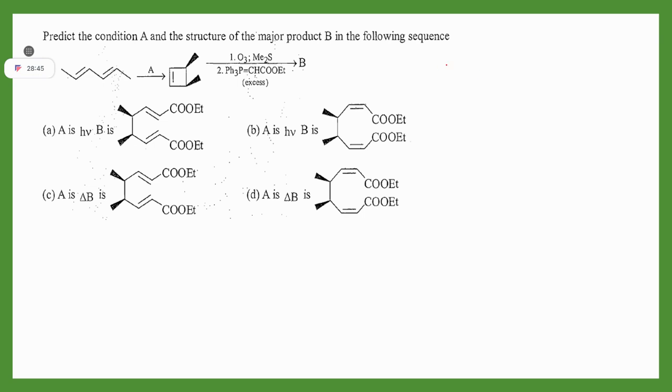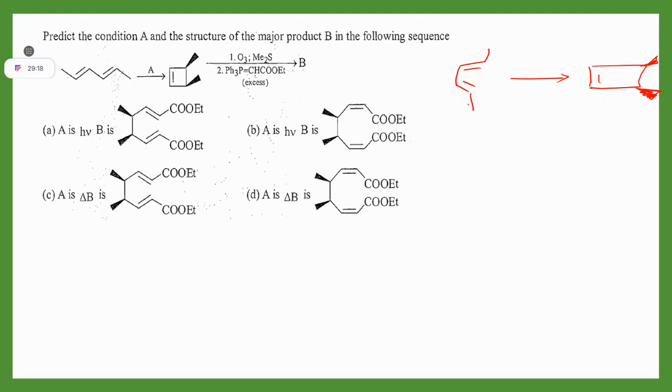Can I write this diene like this? Basically, I am drawing it in S-cisoid form, right? It is clearly visible that it is E,Z, both ways around. Now they are asking about the condition that can give you this, so it is clearly visible that it is an electrocyclic ring closing reaction.